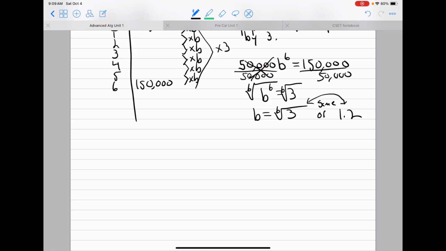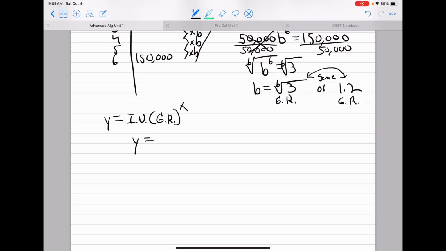So now let's figure this out both ways. So first of all, if this is my growth rate, and I'm remembering y equals initial value times the growth rate to the x. So y equals initial value 50,000 times the growth rate 1.2 to the x. That's the old school way that we did it, right?